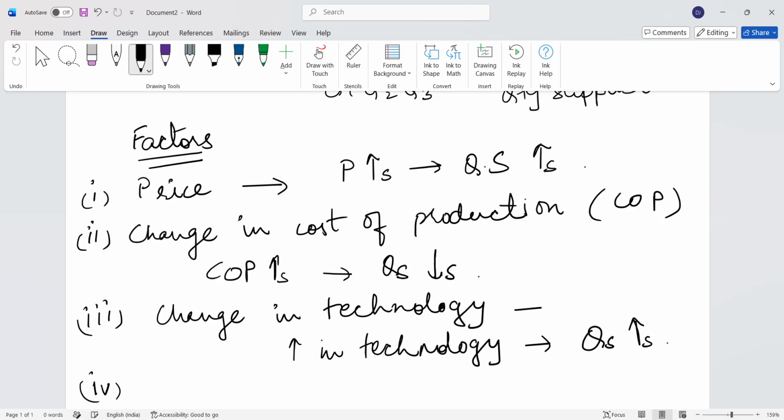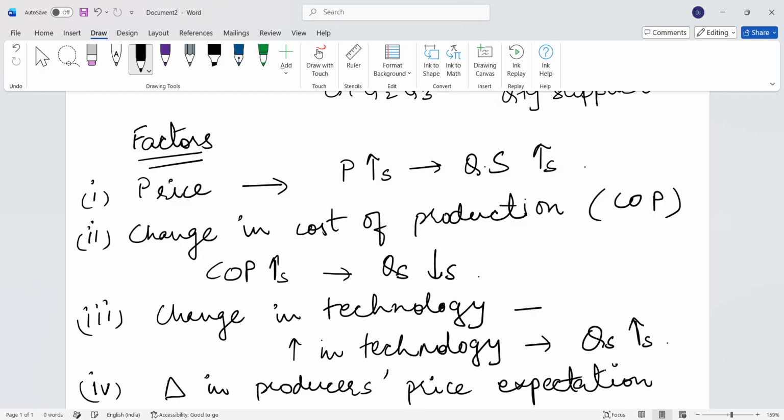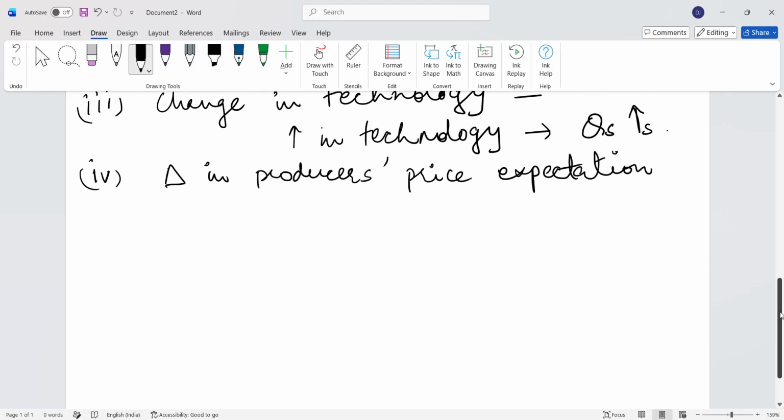All right. The fourth point is the change in producers' price expectation. So what do I mean by this? If this delta represents the change in producers' price expectation, it basically means that if a producer is expecting a higher price in the future, then currently the supply will go down.